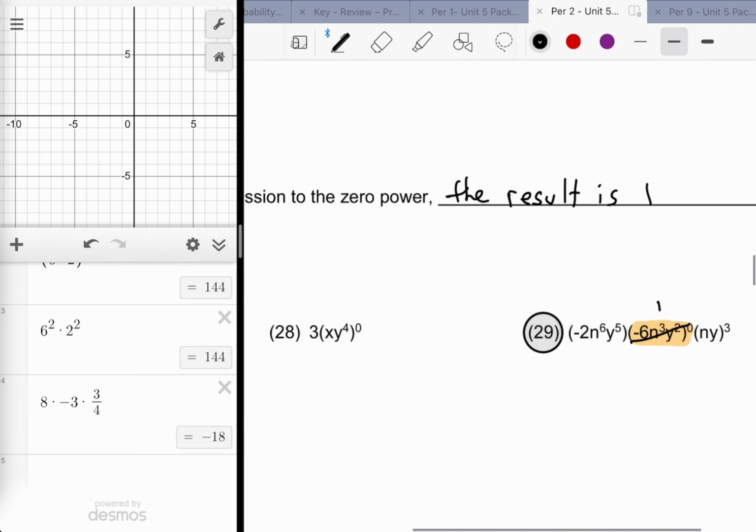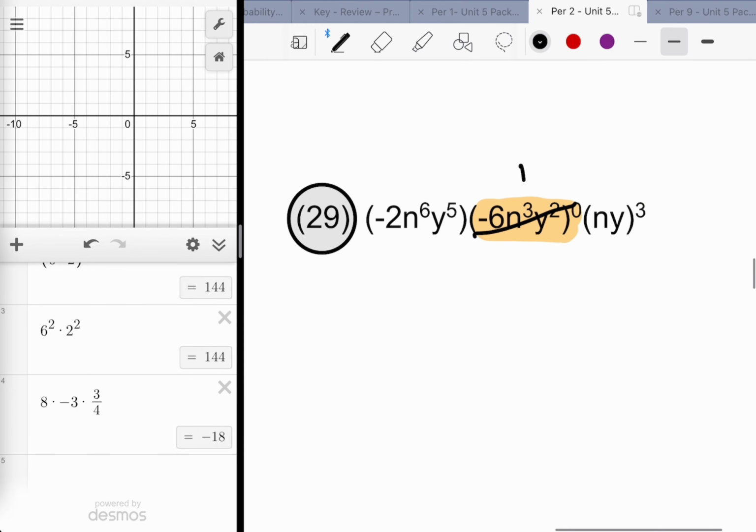All right. So first, PEMDAS is still a thing, order of operations, parentheses, exponents, all that good stuff. So, well, there's parentheses everywhere. We really can't do too much inside each set of parentheses, but what we can do is handle the exponents. This n could be thought of as an n to the first. This y could be thought of as a y to the first.